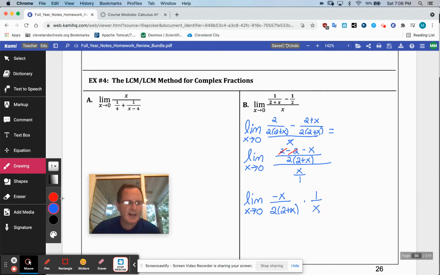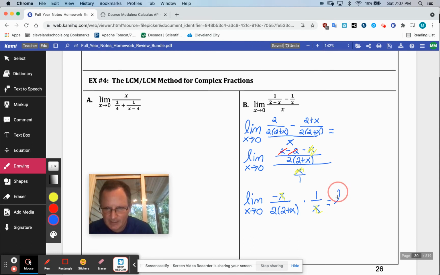I knew this was going to happen, from years and years of doing this. I knew that those two were going to cancel each other out. They're both in the numerator of two fractions, and if they're the same thing, they cancel each other out. Either way you do it, it's fine.